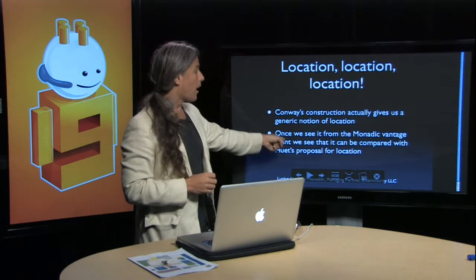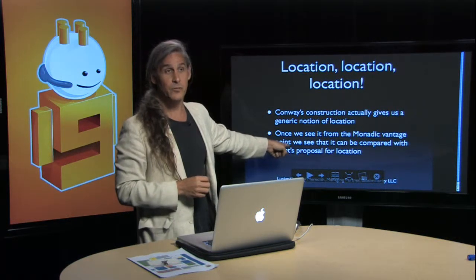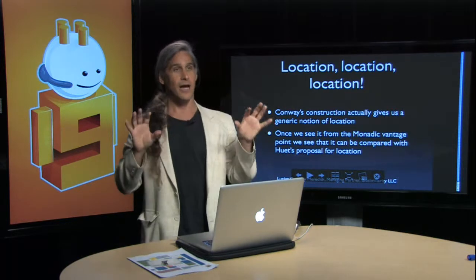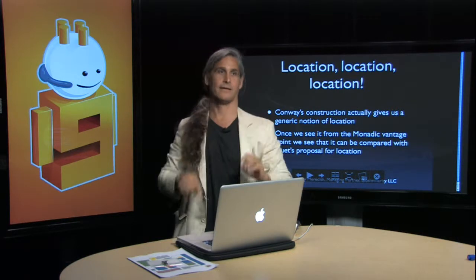Huet's idea of the zipper is exactly the same kind of approach. What he says is, I'm going to do a different kind of splitting. Instead of splitting left and right along the same order, but pointing in opposite directions, I'm going to split in terms of context, like some position in a data structure and the rest of the data structure. But it's the same idea. It's a splitting, and the location is the thing in between.